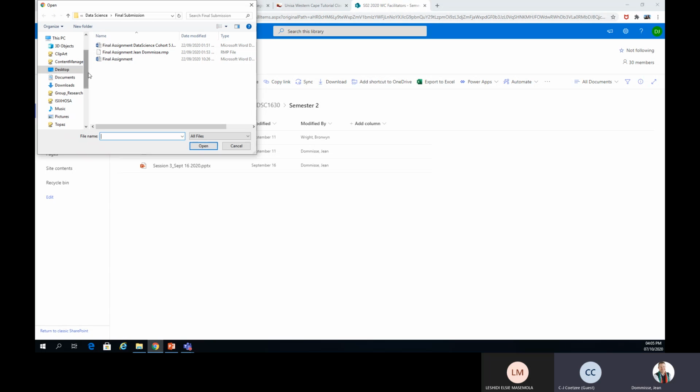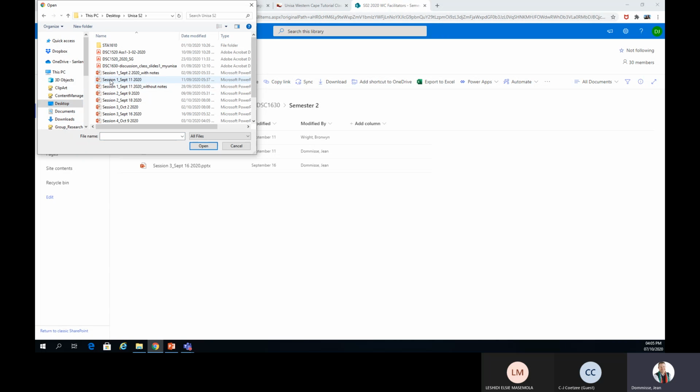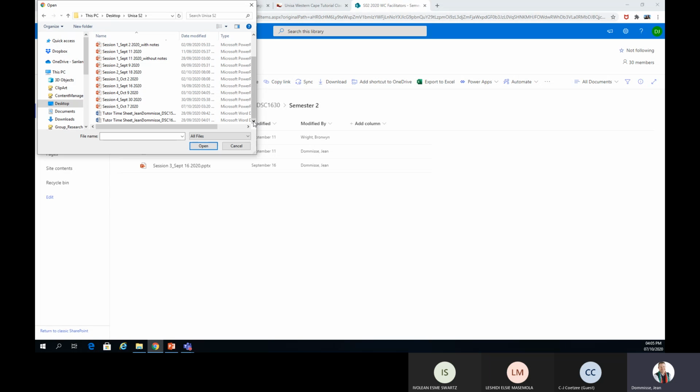Yes, I see. The DSC tab that you will probably see is where your study material will be, and those kinds of things. It is probably DSC1630 semester 2 S2. All your study material that the lecturer will put up, with the assignment and any notes and things like that.